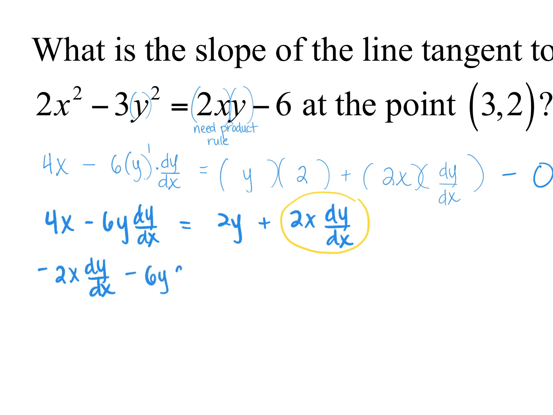Minus 6y dy dx equals, and then on the other side, I'm going to kick this 4x, which doesn't have a dy dx, over to the far side. So we're basically just trading sides here. So it'll be 2y minus 4x. And now we're to the point where we want to factor.